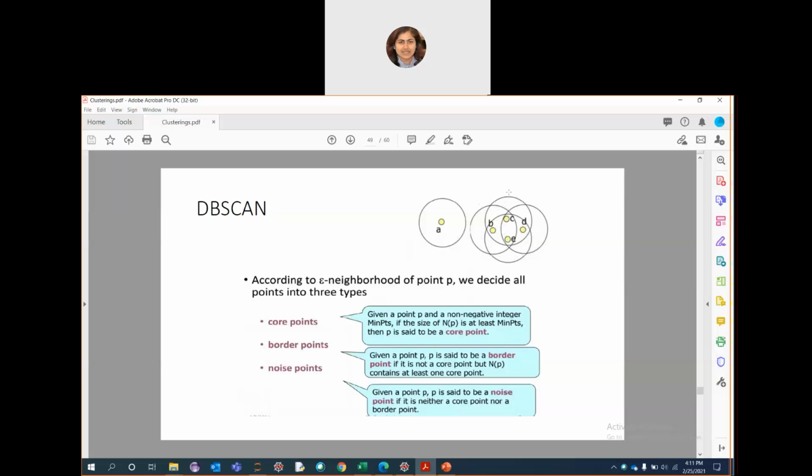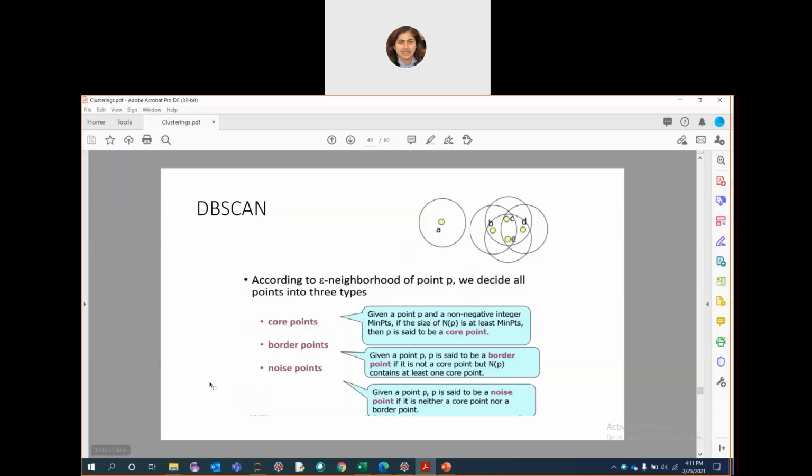If we consider this whole cluster with respect to D, B can become a border point because it is close to the border of the whole region. We will look into a clearer picture of understanding these points.